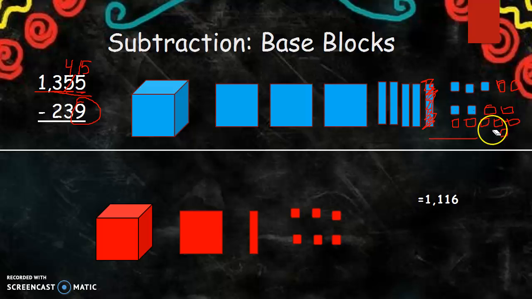So we're going to take 1, 2, 3, 4, 5, 6, 7, 8, and 9, which leaves us with 1, 2, 3, 4, 5, 6 units. So we're going to bring that down here. This down here is our answer. So we have 6 units.